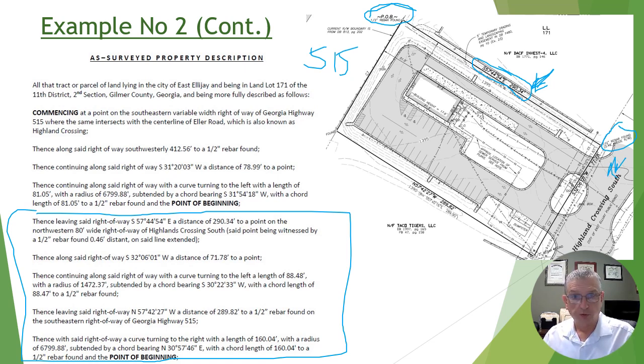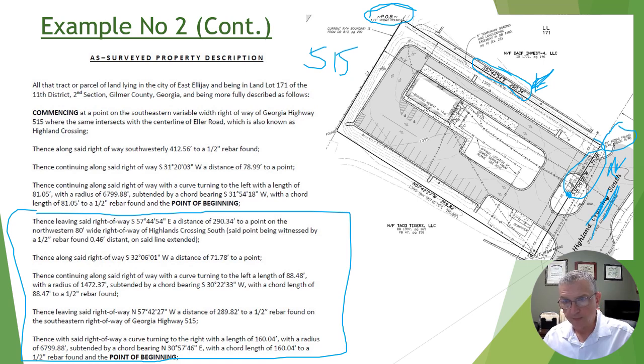So fence along said right-of-way of Highland Crossing South, south 32 06 01 west, a distance of 71.78 feet to a point. That's this call. Comes down the right-of-way, and then there's a point. That's the triangle right there. It's right near the crystals sign.